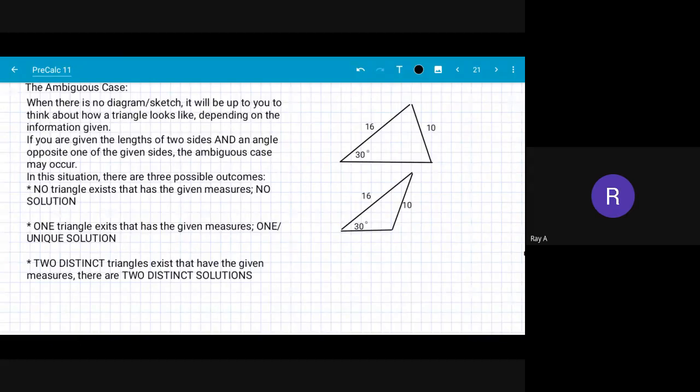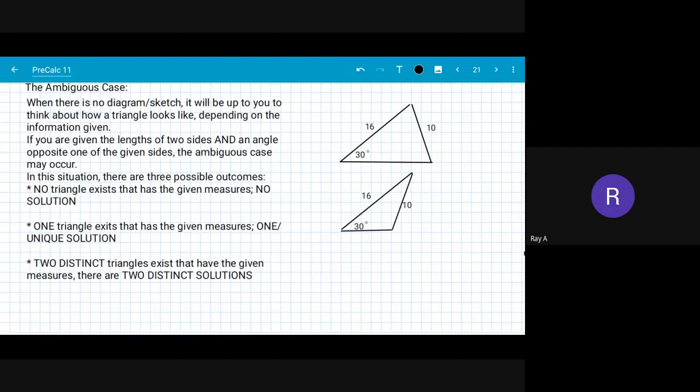Now, the problem that we have is this. Whenever we are solving triangles, and to solve a triangle means you are going to find all of the missing angles and missing sides. It is very easy to do that, especially when there is a picture.